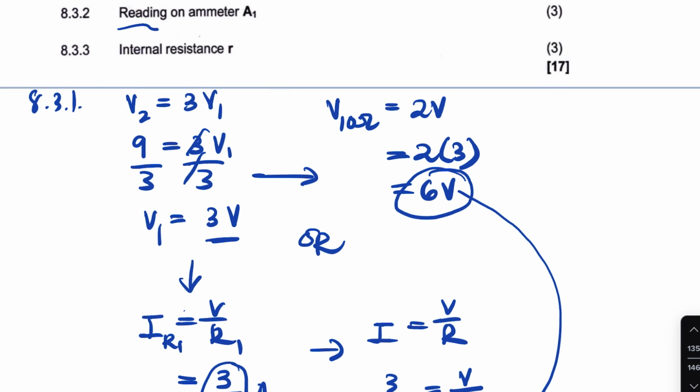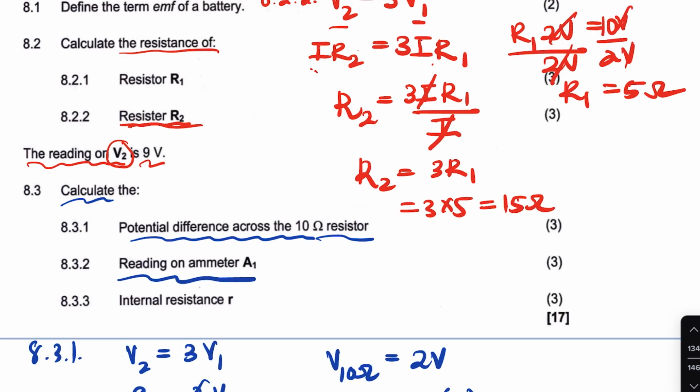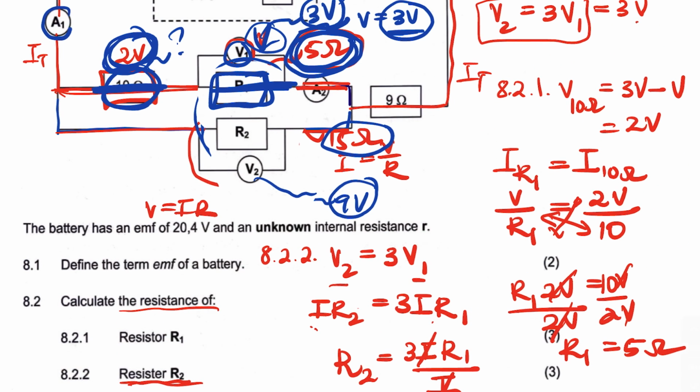Now let's go to the second last question. It says calculate the reading on A1, which is this one, right? The reading on A1 there, guys, first, knowing the current here and knowing the current there, and knowing the resistance, because the resistors here are 5 and 10, that makes 15.